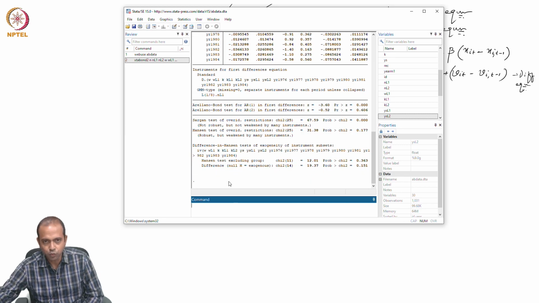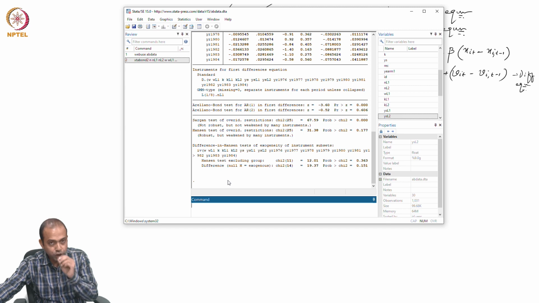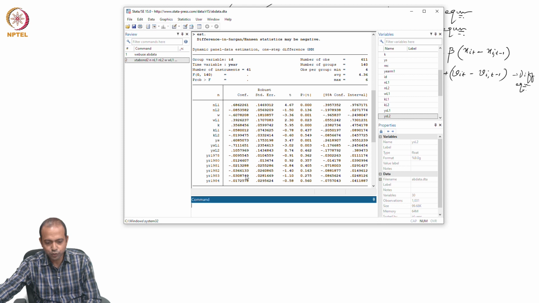So, this is my model. I am considering only y_it minus 1 as the endogenous variable, and look at this. In this model I have 0.68 as the coefficient of n L1. The coefficient of my lagged dependent variable is coming out to be 0.68, and as you know, that is not lying within the theoretically determined bound given by the FE and OLS estimates.